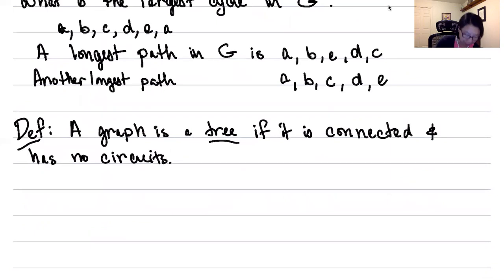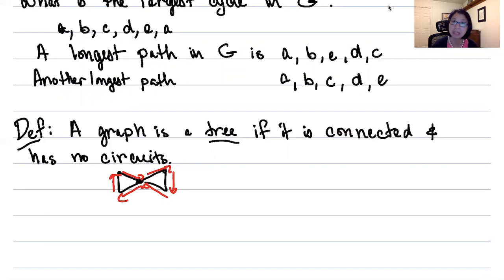So remember this graph, if I look at the bow tie, then something like this, where I go around like this, that's a circuit, but not a cycle.